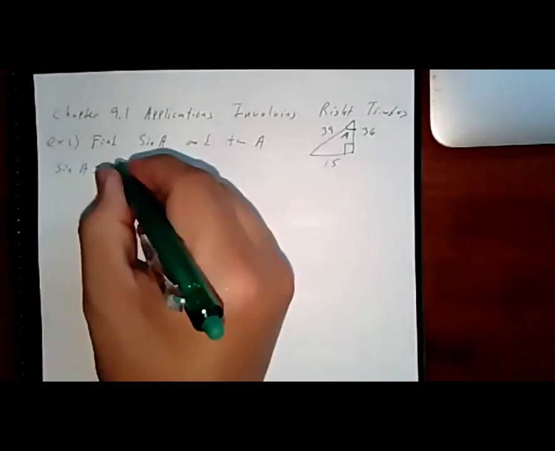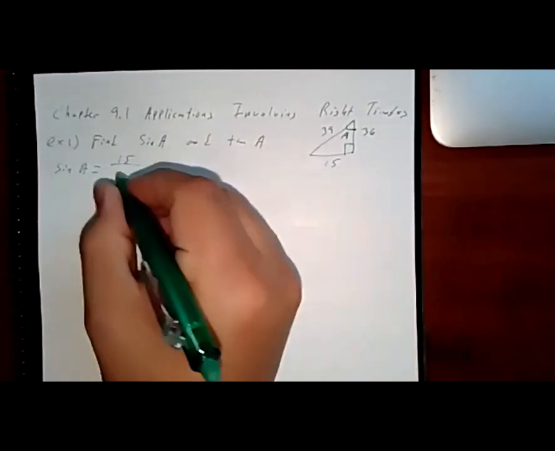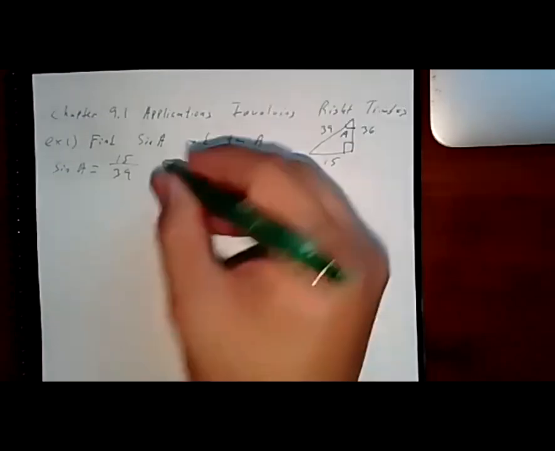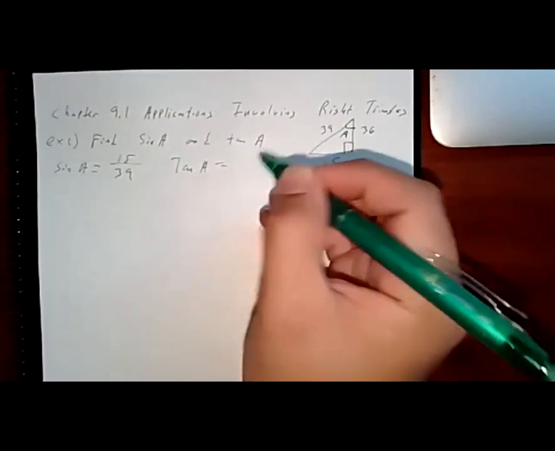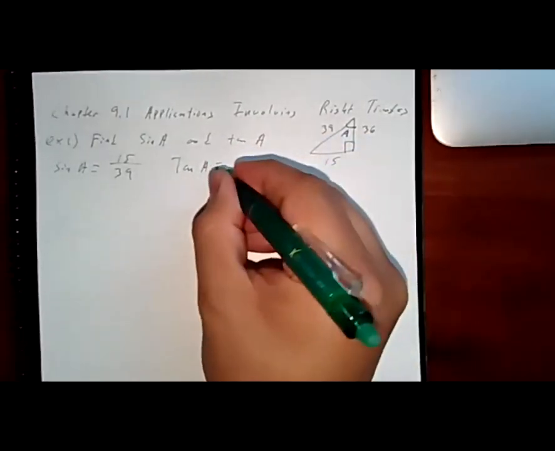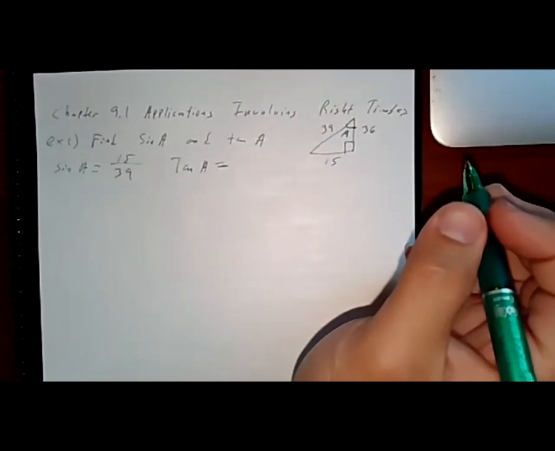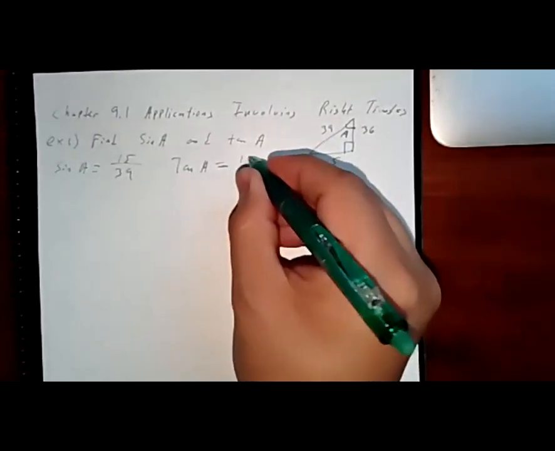So it'll be 15 over 39. The tangent, what do you guys think tangent of A would be? 15 over 36. Yeah, 15 over 36.